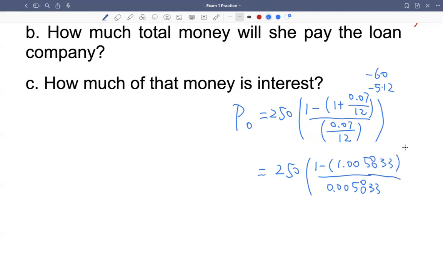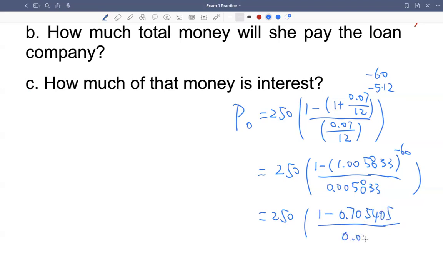Then this number is raised to negative 60. So the next step, I calculate 1.005833 raised to negative 60 to get 0.705405. Let's keep this many digits.